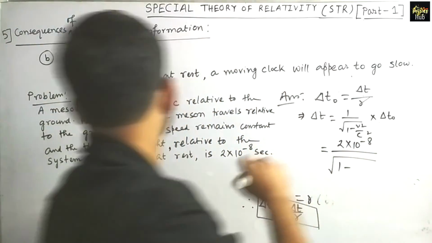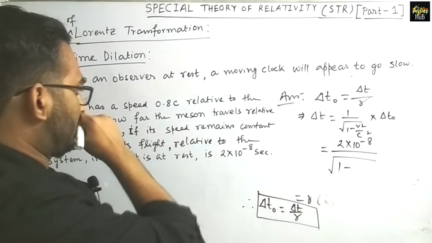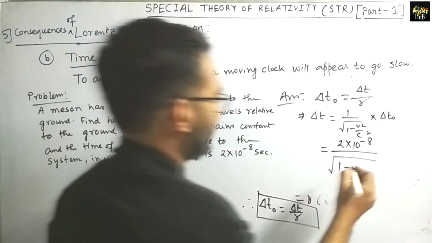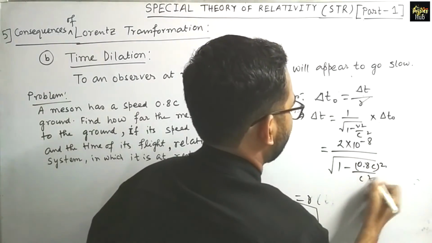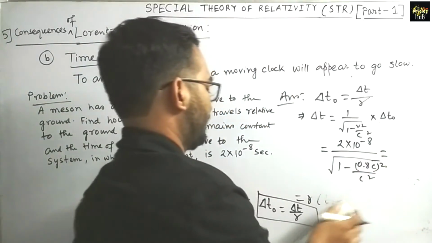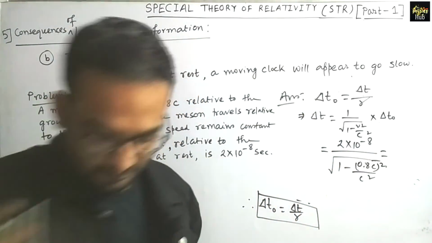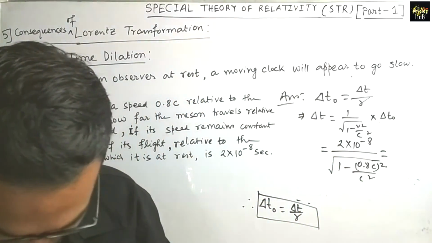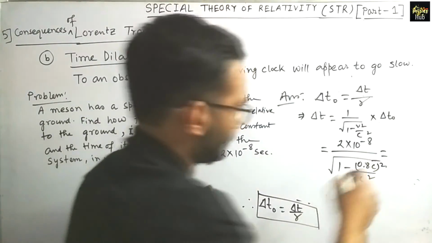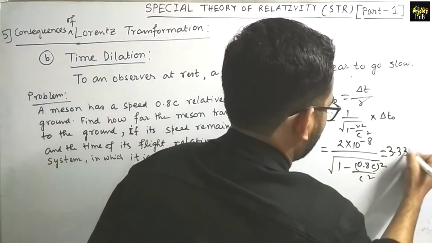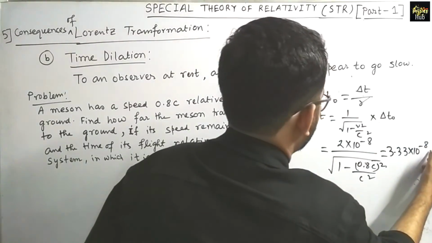And the velocity with respect to which it is moving is 0.8 c, so 0.8 c whole squared divided by c squared. If you calculate it, you will get the value of 3.33 into 10 to the power minus 8 second.